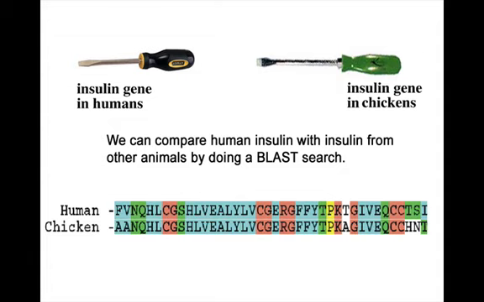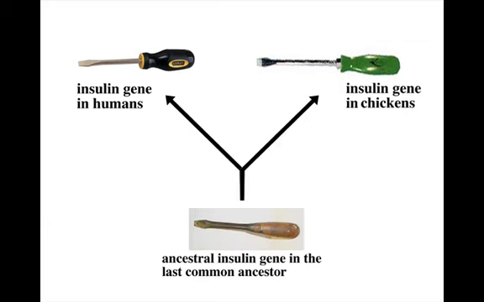The insulin gene codes for a physical protein that is just like a tool, and its structure has a job to do. The proteins might be slightly different, and so maybe we can't just use the insulin protein from chickens and humans because there might be enough difference that our screwdrivers don't match up. But by studying the function of the protein in each of the species, we see that they're doing the same job.